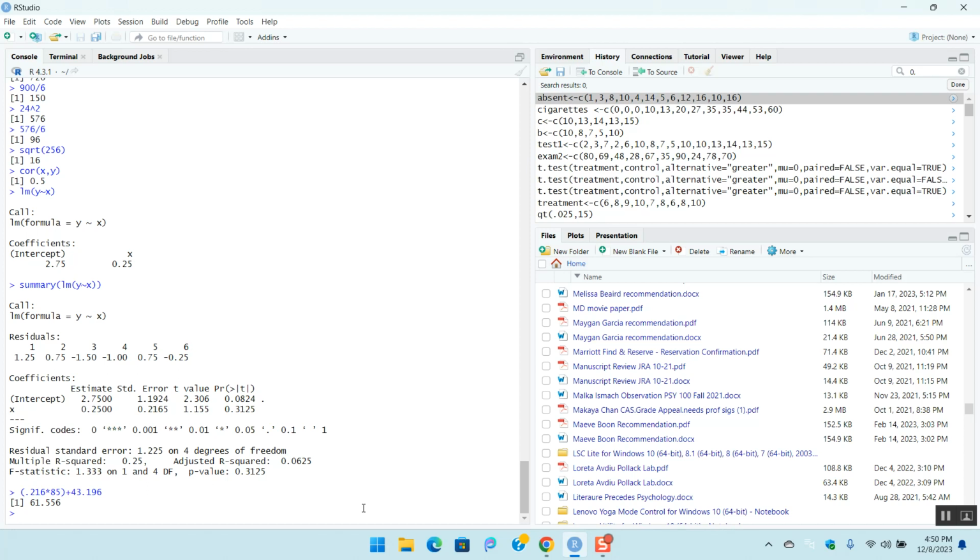And that gives you 61.556 as your answer for the predicted value. So when stress is 85, the depression score is 61.556.